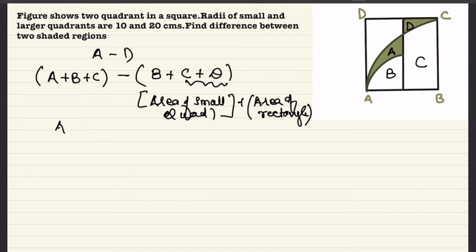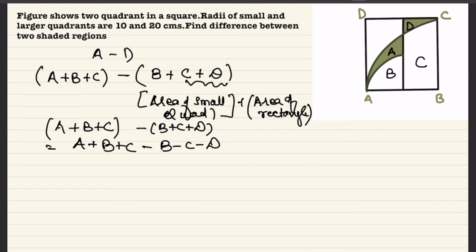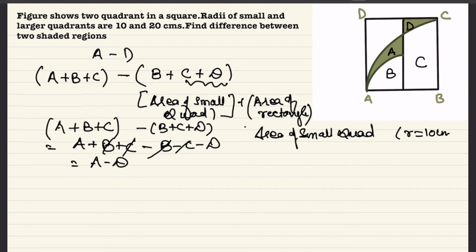This is A plus B plus C minus B plus C plus D. The B and C will cancel out, and that is A minus D. Now we have to calculate the area of the small quadrant. The radius of the small quadrant is 10 centimeter.